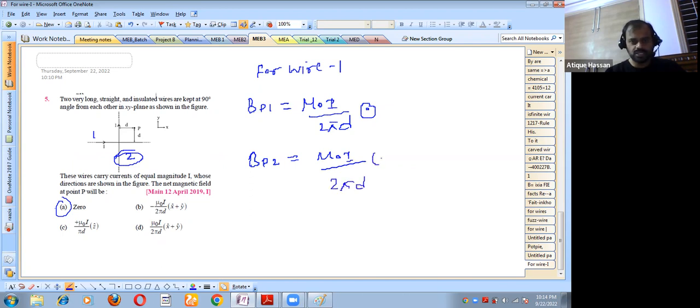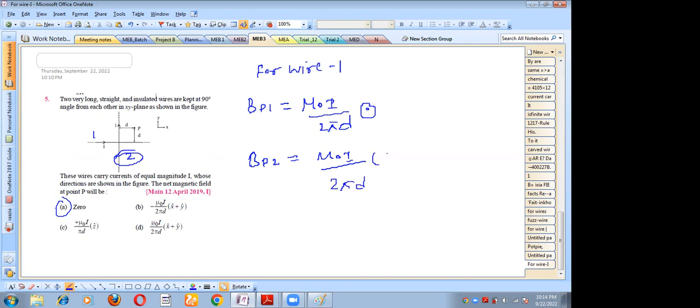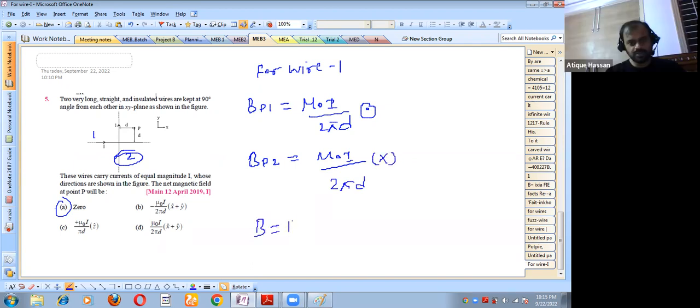What will be the direction? It should be inwards. So the net magnetic field will be B1 minus B2, and that should be equal to 0 since both are in opposite direction.